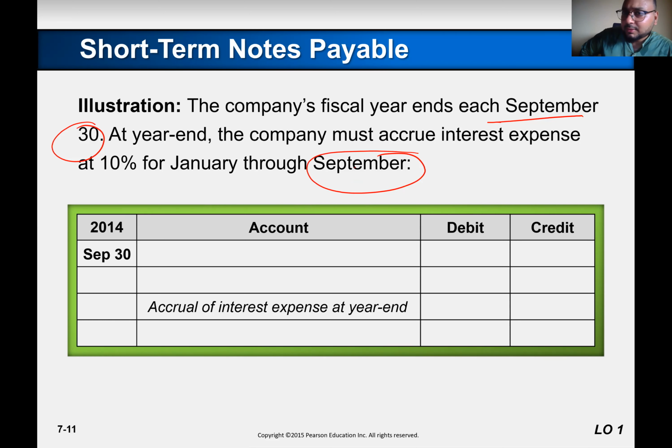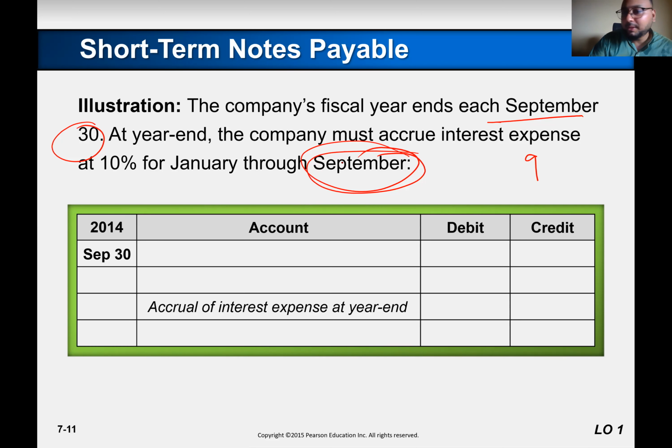So how much interest is now accrued? 9 months, right? Would you pay nine months of interest? No, you will pay the whole notes payable along with the interest in December, not in September. But since we need to follow accrual revenue and expense recognition, we will write down the expense in the same period. So 9 months of interest expense belongs to this fiscal year, September to September.